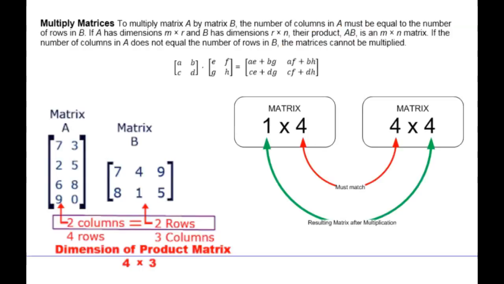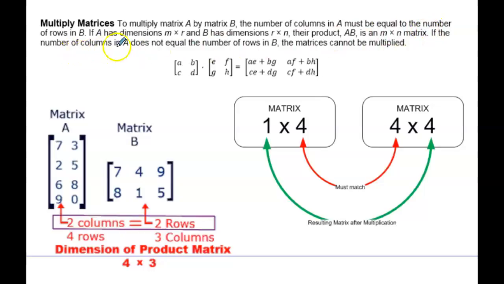In order to be able to multiply a matrix A by a matrix B, the number of columns in A must equal the number of rows in B. If A has dimensions m by r and B has dimensions r by n, then their product, AB, will be an m by n matrix.